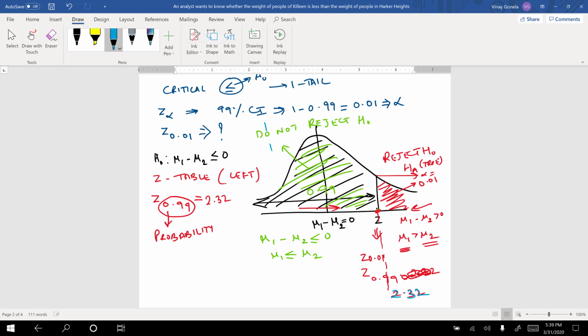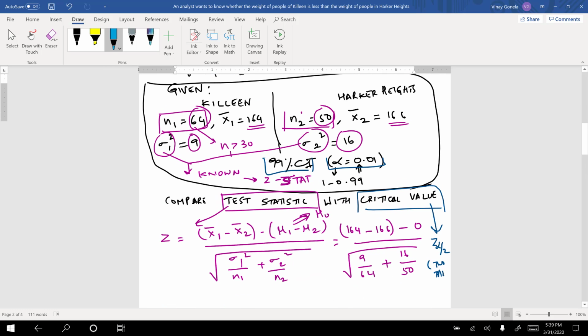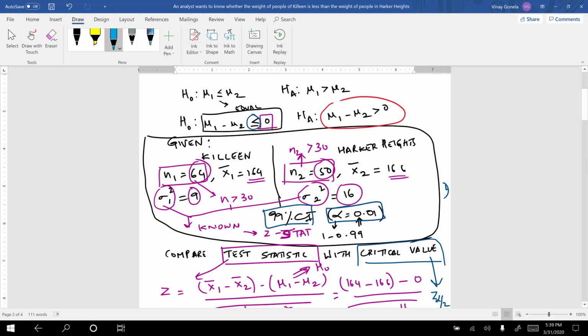So negative 2.94 would be somewhere here, to the left of 2.32. So that falls under do not reject H null. So that means this is true.